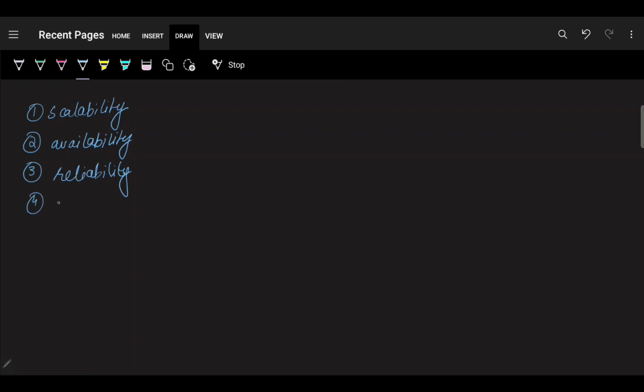The fourth one would be fault tolerance. And finally, the fifth one would be data integrity slash encryption.